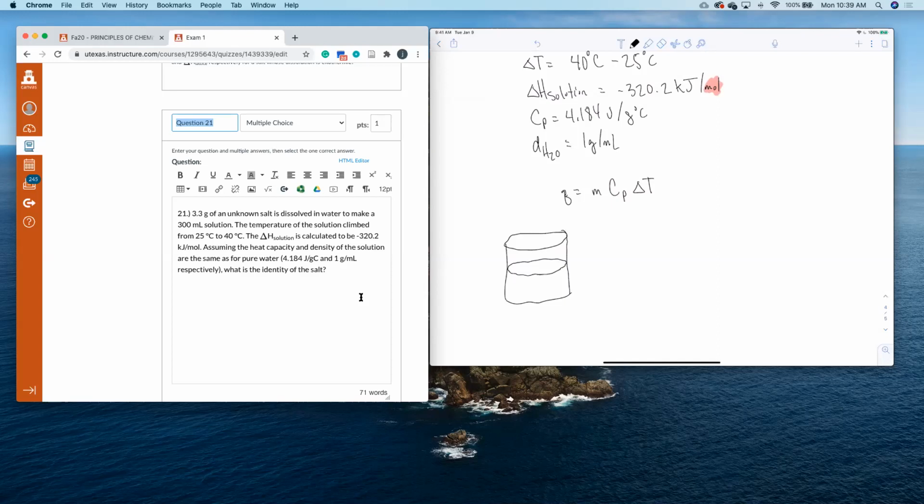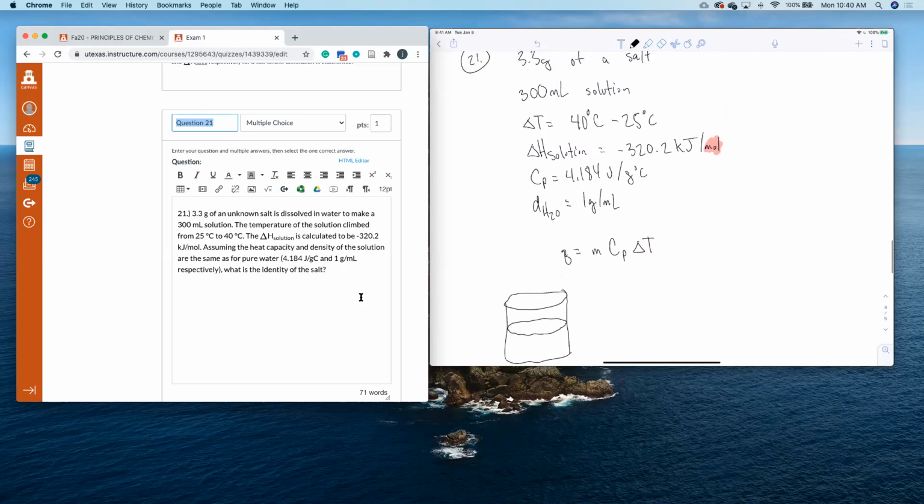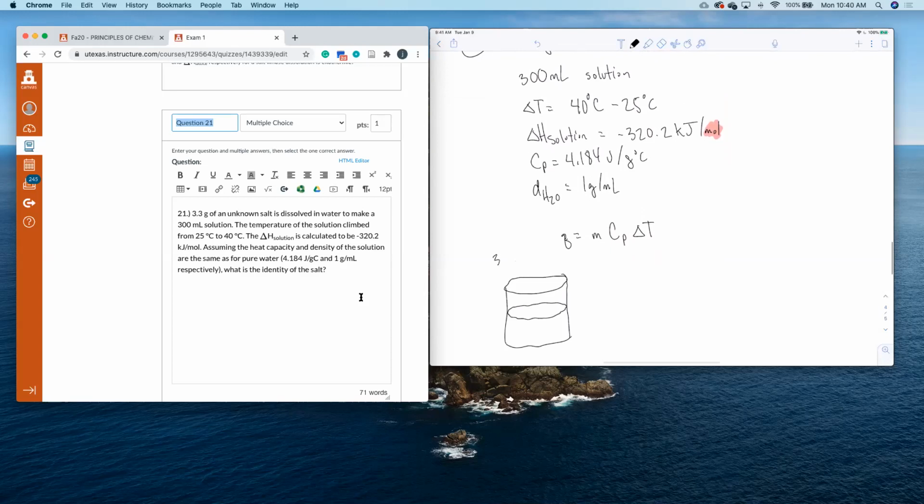But okay, so what this is saying is, I took 3.3 grams, I put it in the water. So I've got like some salt. I don't know what it is though. Let's call it XY. We'll just call it X. And I dissolve it into water.